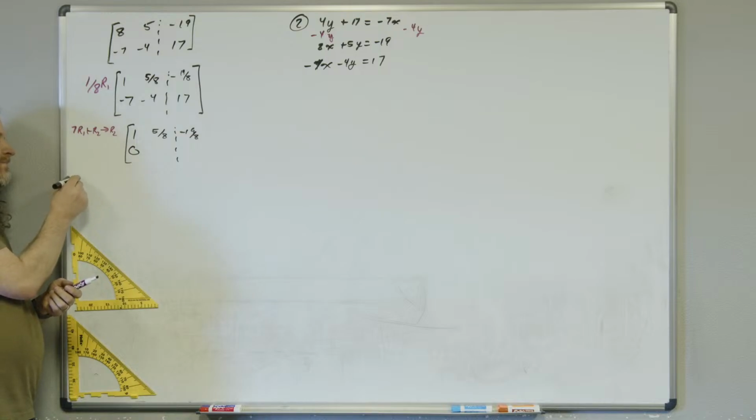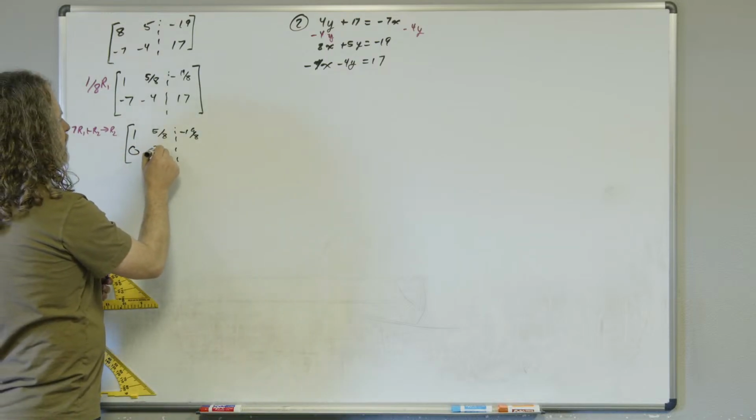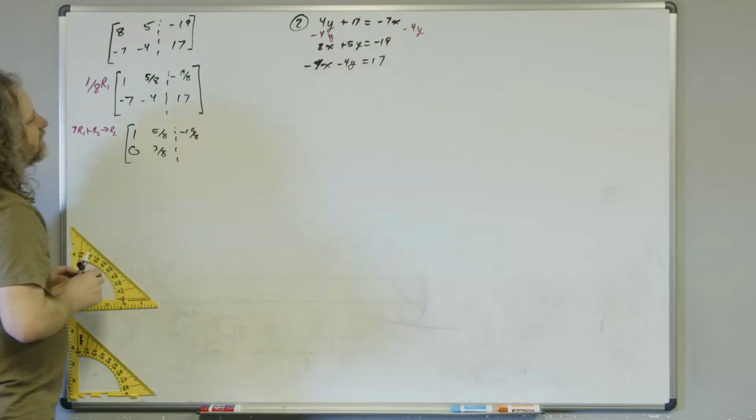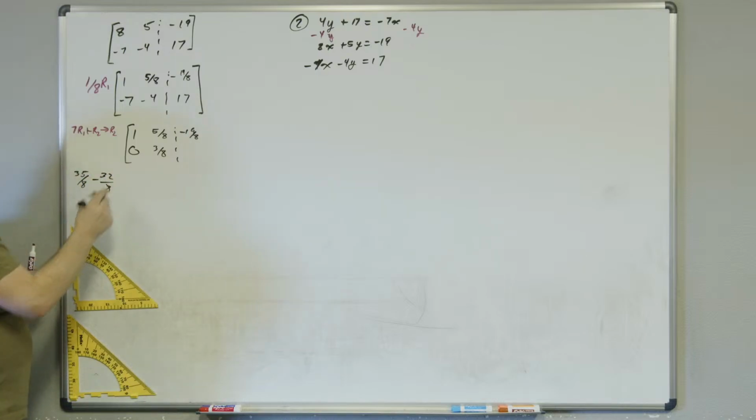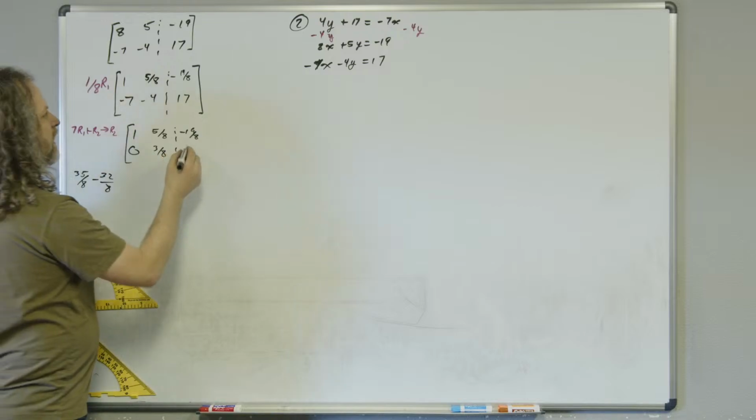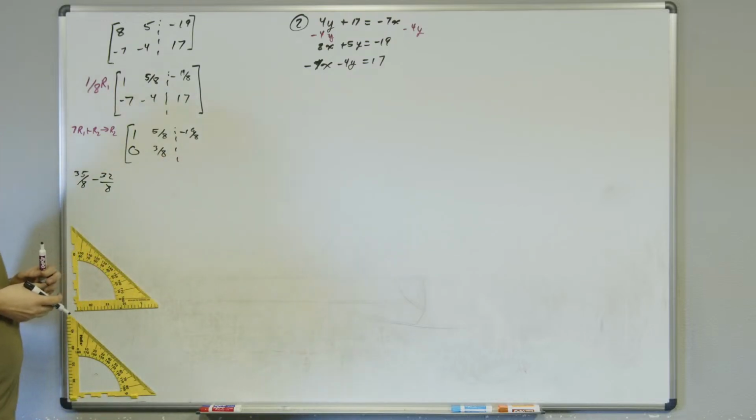3/8. Somebody else agree? Probably, maybe. 35/8 minus 32/8. Wow, okay. And then what is 7 times negative 19/8?